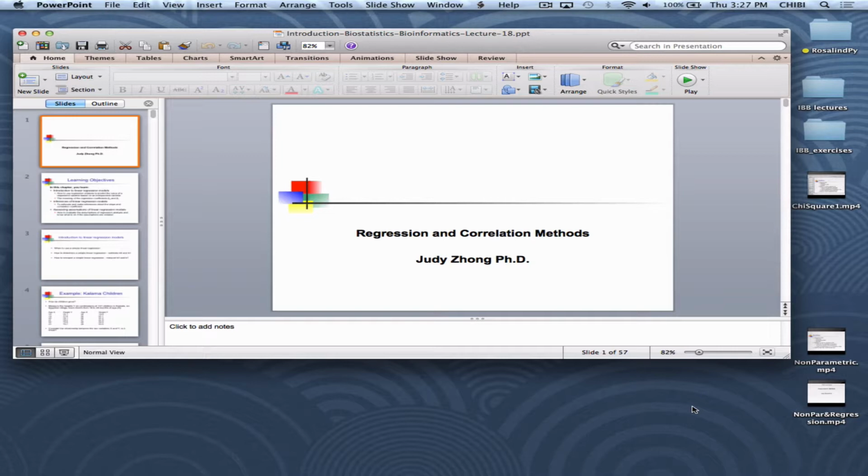Okay? And also for continuous variables, we have talked about difference. How do you compare difference under different conditions if the outcome is a continuous variable? For that, it is not about correlation. It is rather to infer the difference between each condition. For that, we have learned three scenarios.